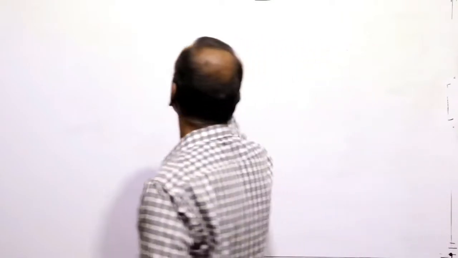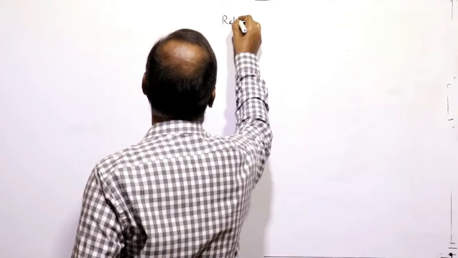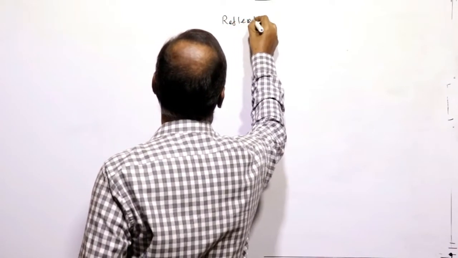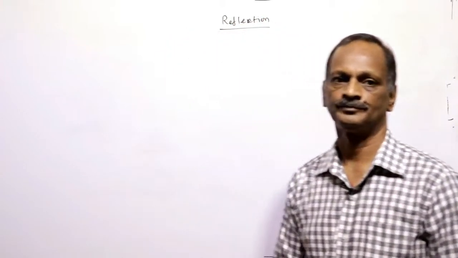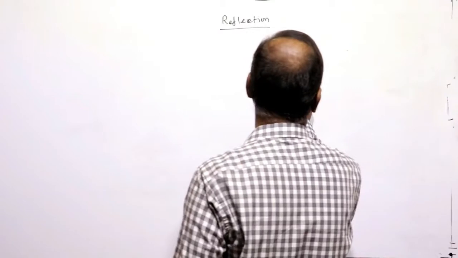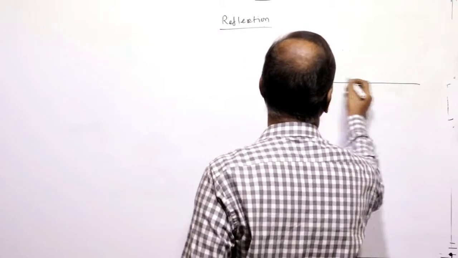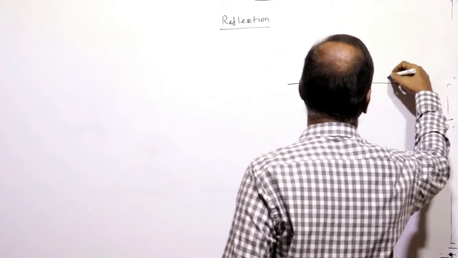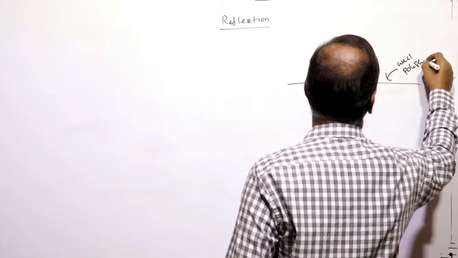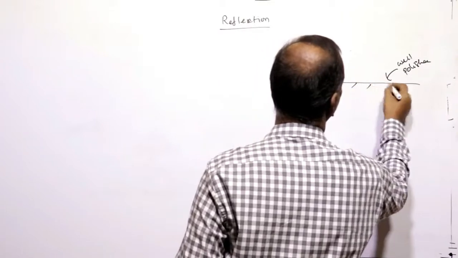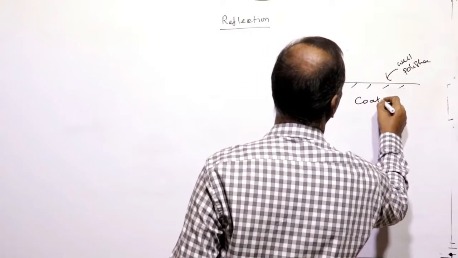Right? Reflection. Reflection means what? A well polished surface, the top is well polished, the bottom side is coated.